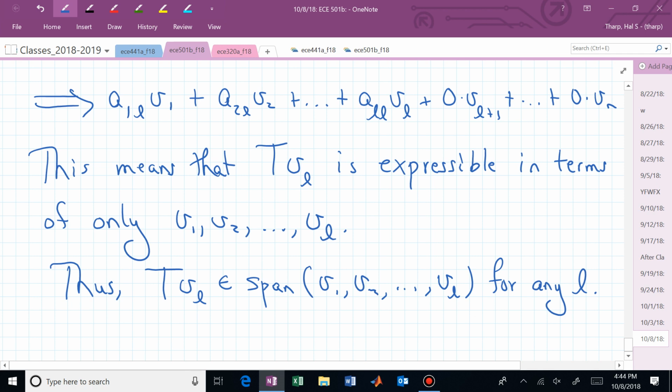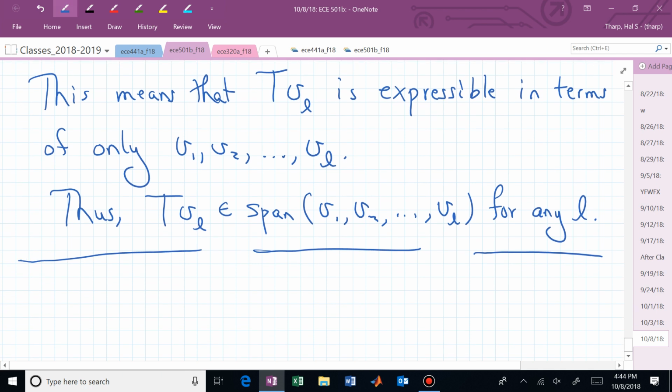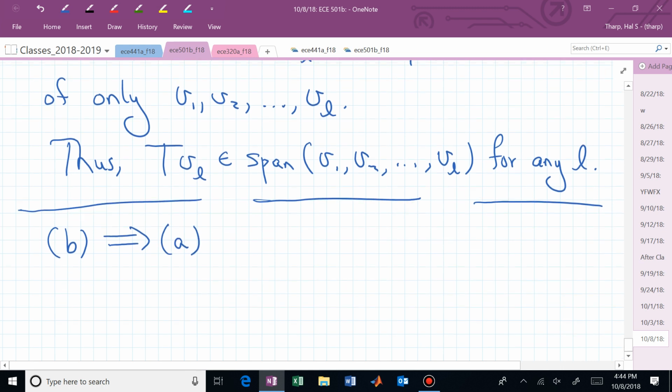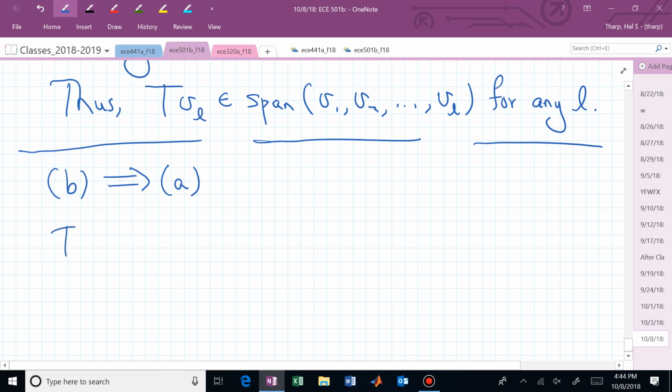So now we've shown that A implies statement B. Let's now show that statement B implies statement A. Statement B says that TV1 looks like what?